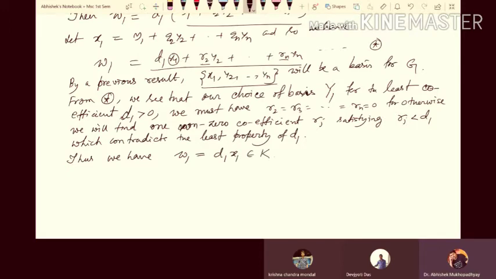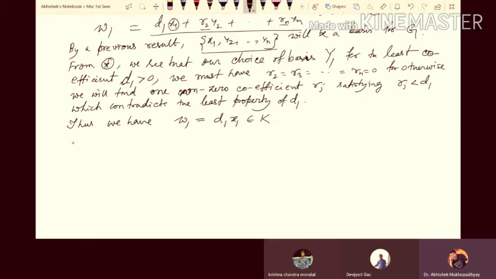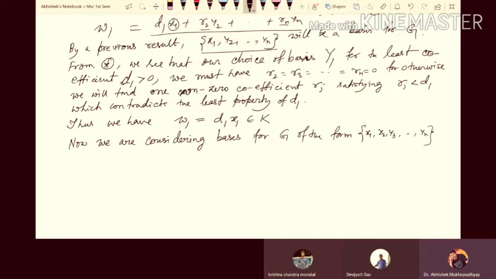So it is in K. Now we are considering a new basis for G of the form x1, y2, y3, yn.